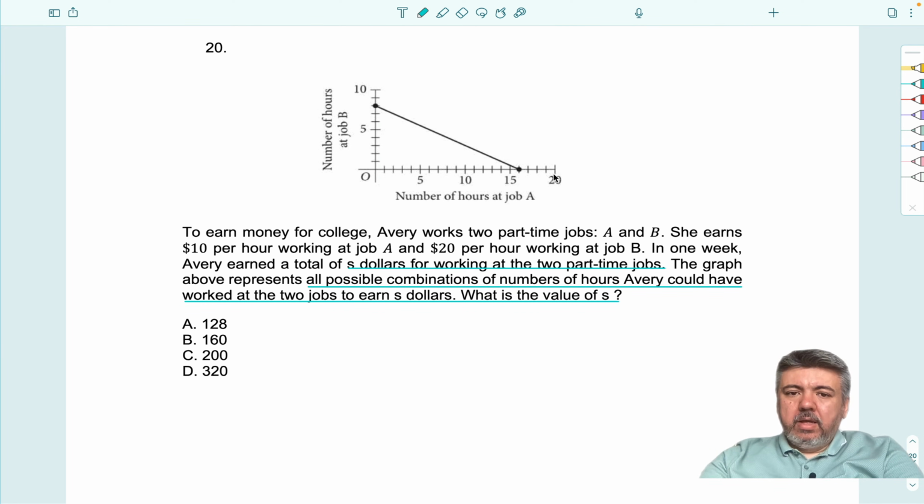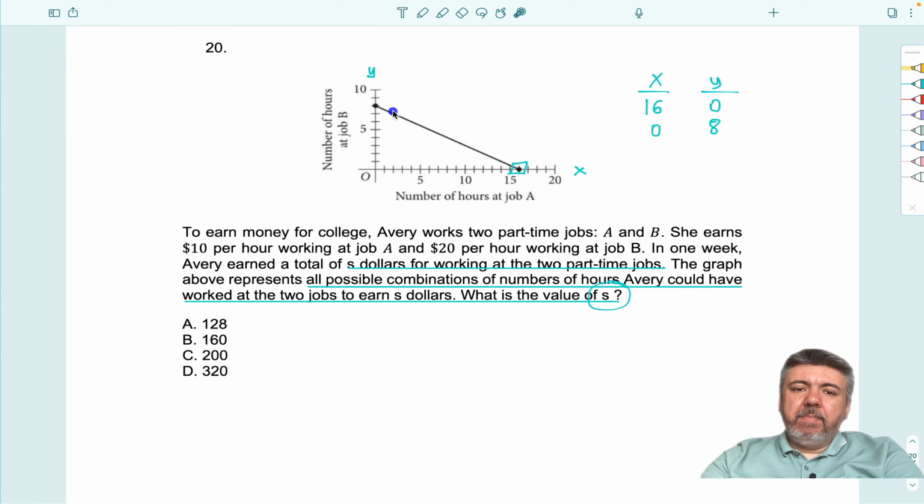So, think of it like this. This is X hours for job A and Y hours for job B. So look at this, X and Y. If she works 16 hours for job A, she works 0 hours for job B. Similarly, if she works 8 hours for job B, she works 0 hours for job A. In both cases, she earns the same amount of dollars.